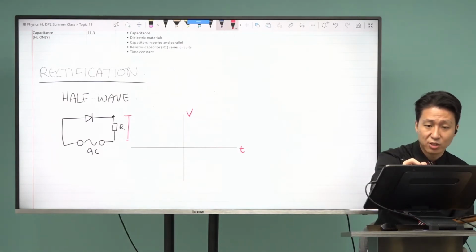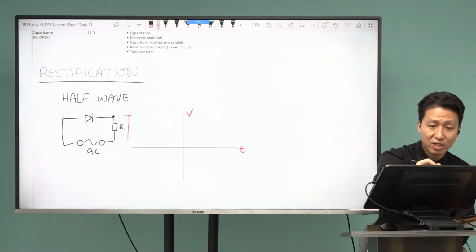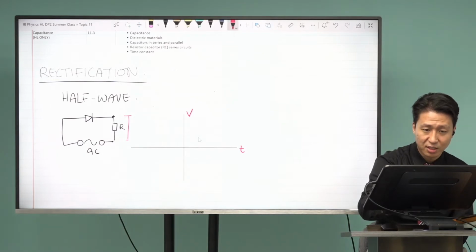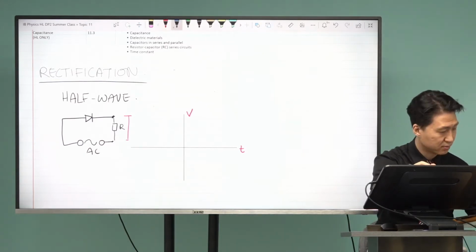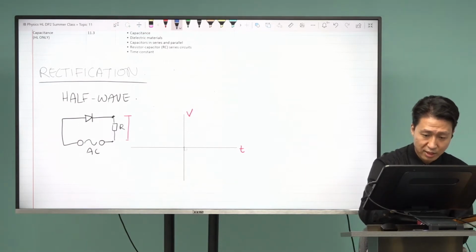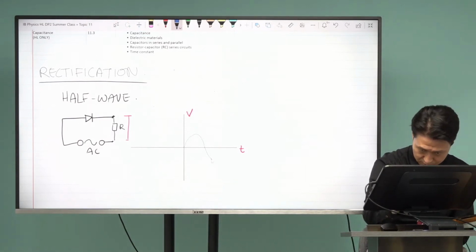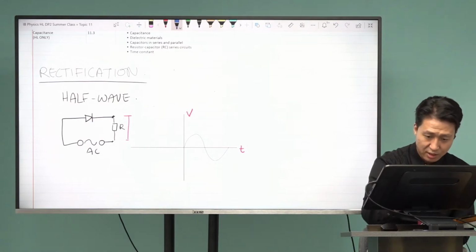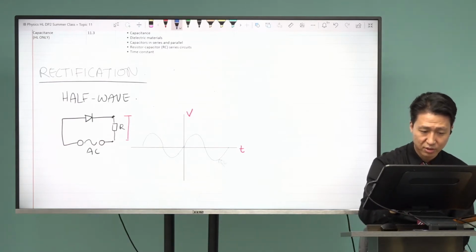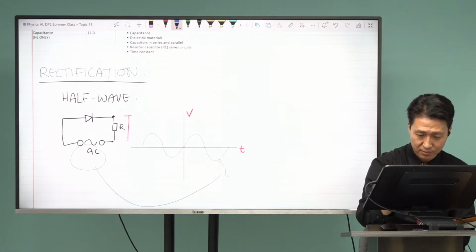So let's draw what it would initially look like before you rectify it, so it's easier to see. So it looks like a sine wave. And it goes both sides. So this is the input due to the AC.